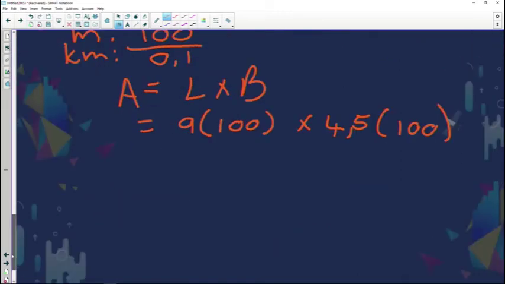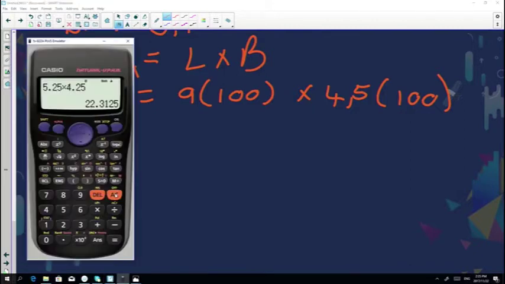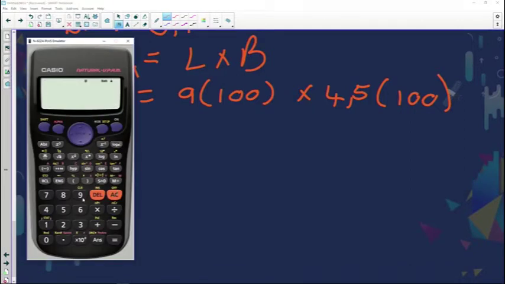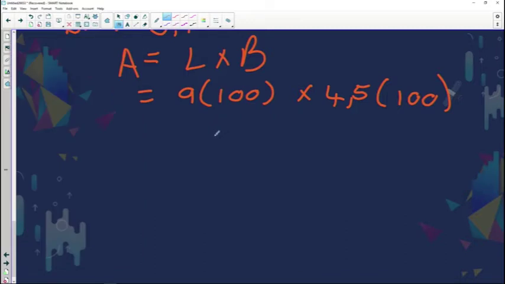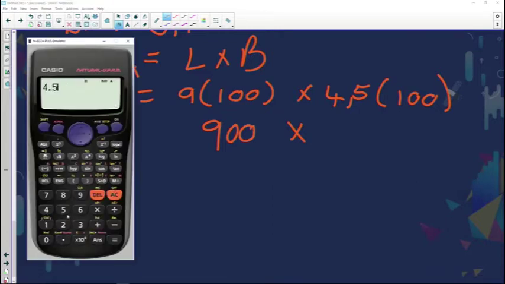Now let's do the calculation by using our calculator. 9 times 100 gives me 900, times 4.5 times 100 equals 450.